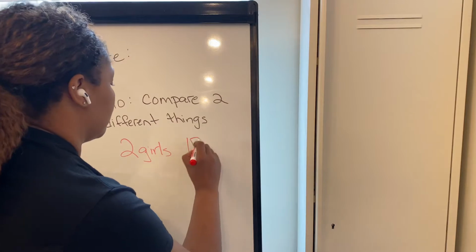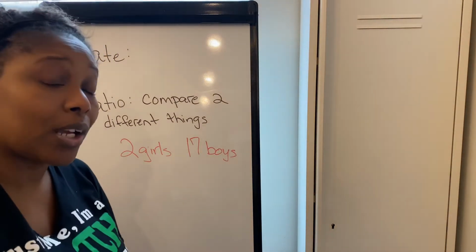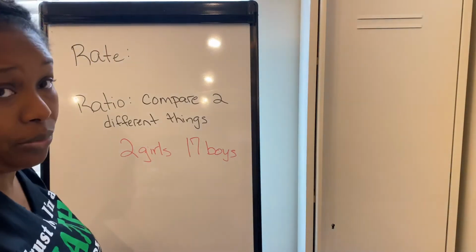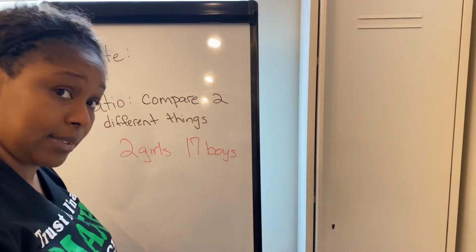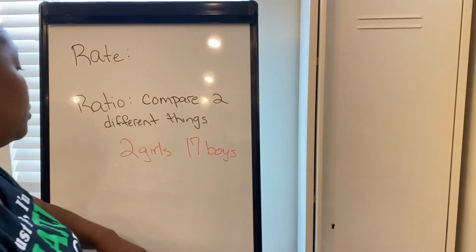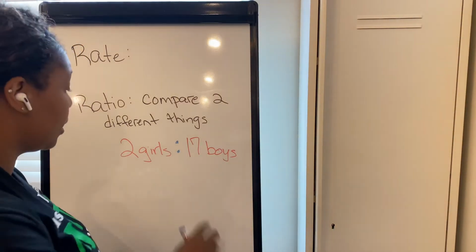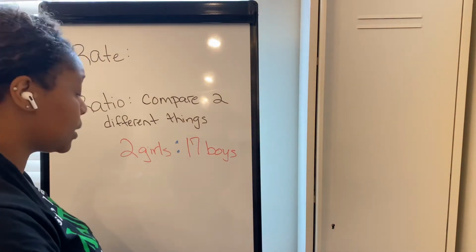So now, if you remember, how do we write a ratio? There's 3 ways. We can write a ratio as a colon, if you remember that. Okay, 2 girls to 17 boys.